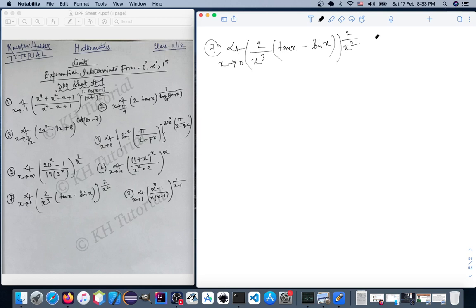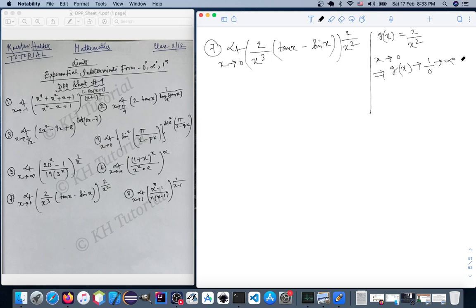So g(x) is definitely 2 by x square. So x tending to 0 implies g(x) tending to 1 by 0, tending to infinity.